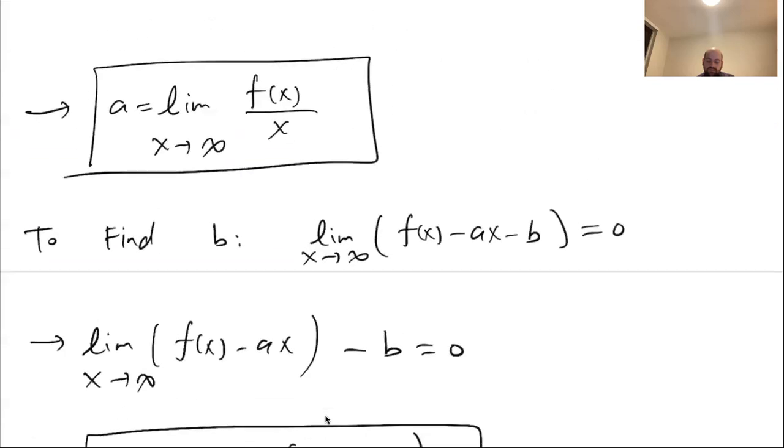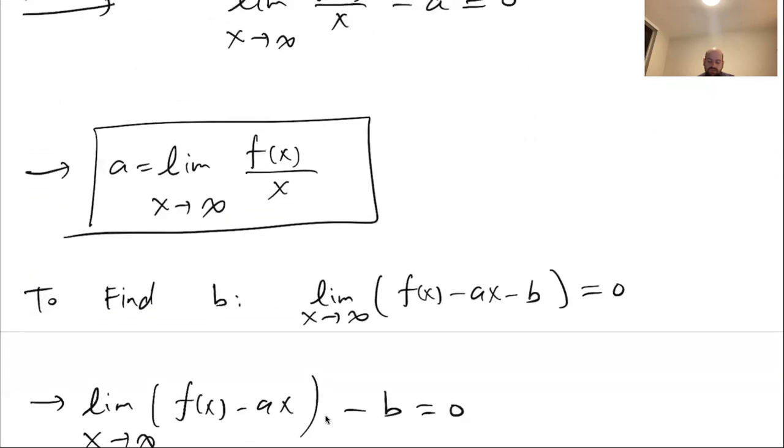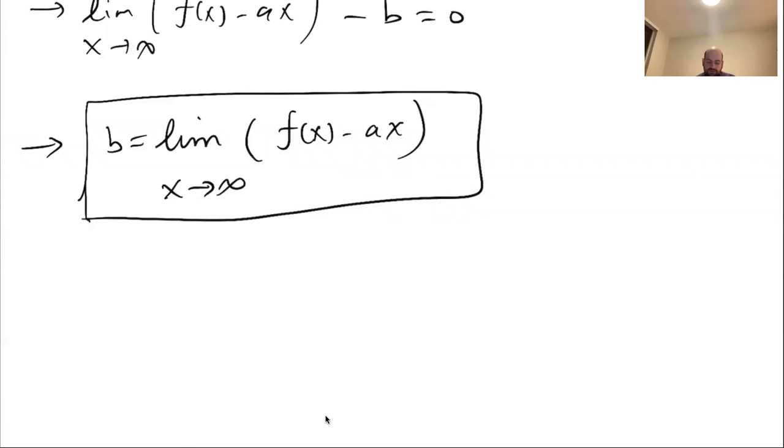Okay, so these are the expressions for a and b.